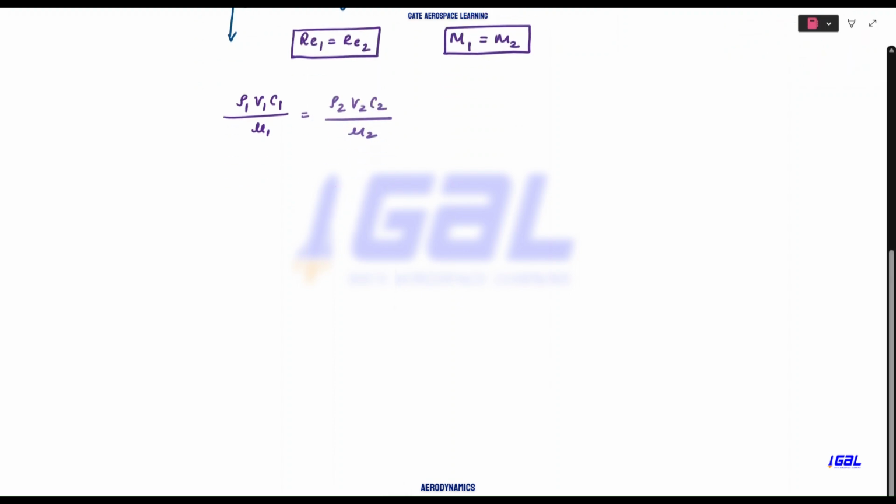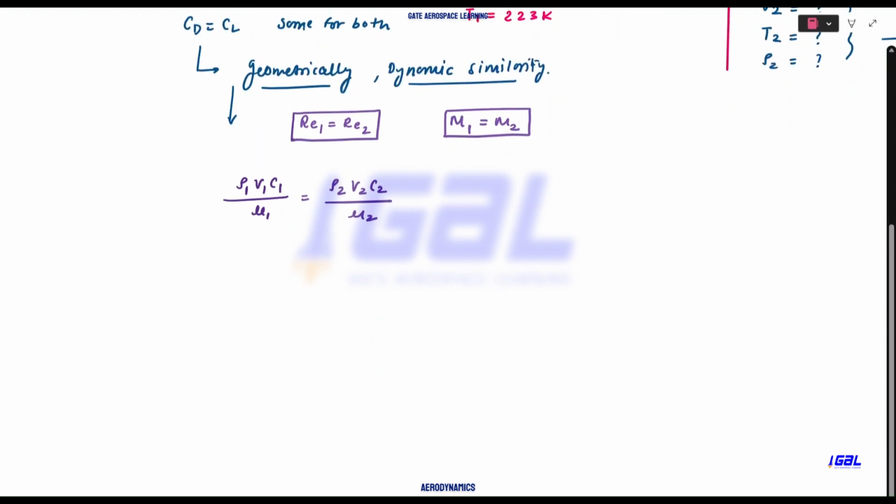Now in your aerodynamics or fluid mechanics, you have probably studied that the dynamic viscosity of air or other ideal gases is approximated as the square root of temperature. That means dynamic viscosity is a function of the temperature. If you have not seen this, please mark this as a very important point.